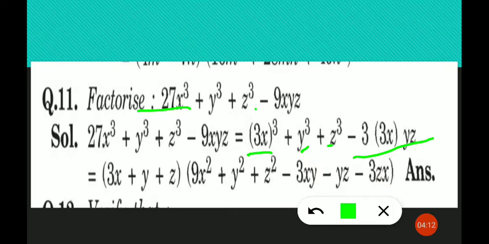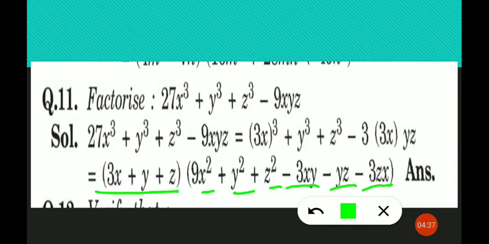And if we apply the formula, what will be the RHS? (x plus y plus z), here x is 3x, so (3x plus y plus z), and then x square, so (3x) whole square, so 9x square, plus y square plus z square, minus xy, so minus x is 3x and y, minus 3xy, minus yz, and minus 3zx. This will be the answer.